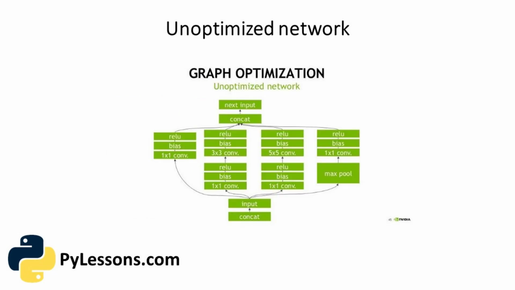Next is the optimization process, and this is where the magic begins. TensorRT performs several important transformations and optimizations to the neural network graph. I will show you several slides about that. In TensorRT, where possible, convolution, bias, and ReLU layers are fused to form a single layer, and here is shown an unoptimized network graph.